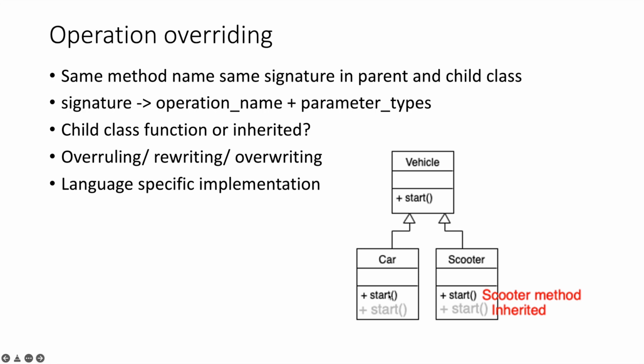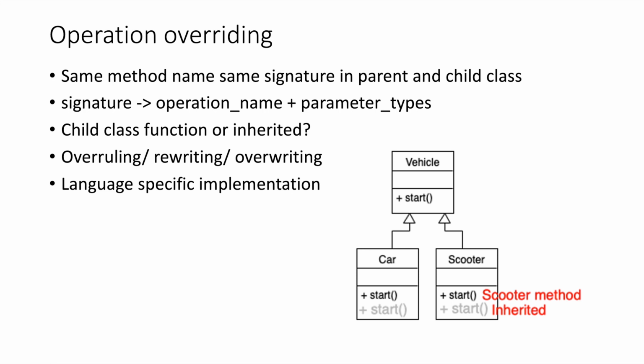For example, the car class writer is saying, even though there is a start operation inherited from its base class, please do not use it, use the operation which I am writing in a car class. That means it is overwritten or rewritten.